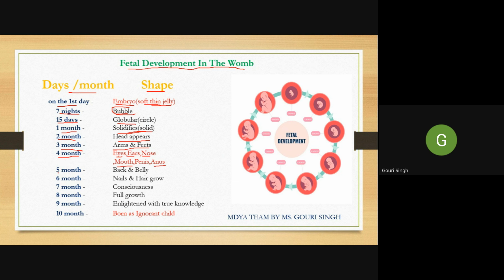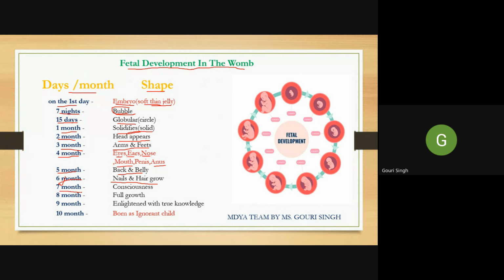Then when 5 months occur, the back and the belly develop, back meaning the spine. Then when 6 months occur, the nails and hair grow in the baby.